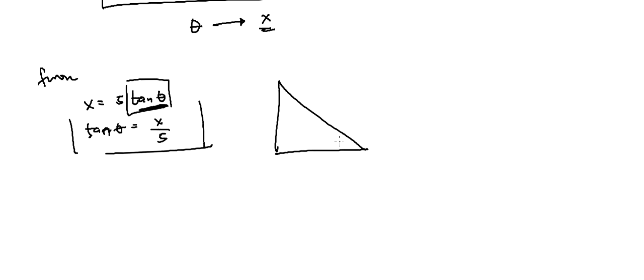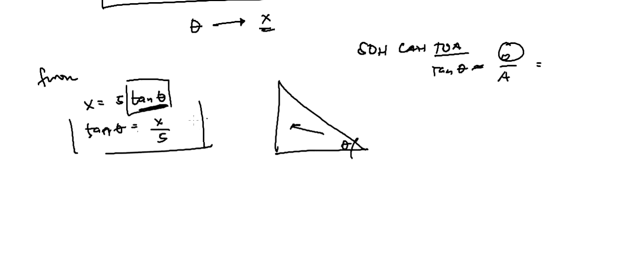Okay, so if we have here the theta from the SOHCAHTOA, our tangent theta is equal to opposite over adjacent, where our opposite here is x, and our adjacent here is 5. Therefore, the hypotenuse is just equal to the square root of the sum of the squares of both sides.